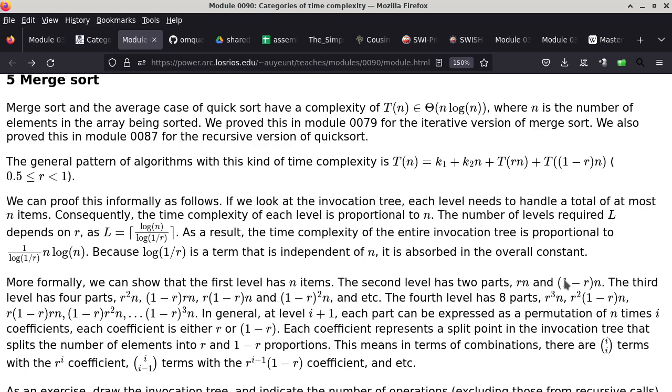This will be R squared times n, and then whatever is left over here is going to be R times (1 minus R) times n. Does that make sense? One way to look at this is every time we follow the left branch, we're multiplying by R. Every time we follow the right branch, we're multiplying by 1 minus R. Is that okay? All right.